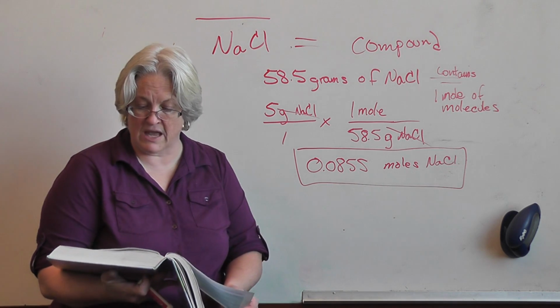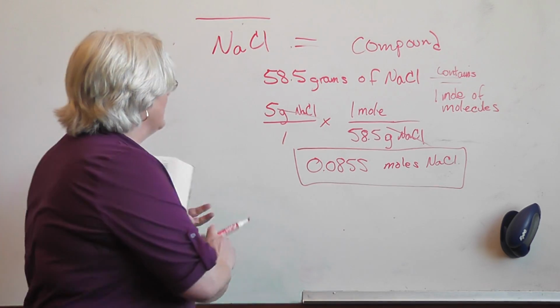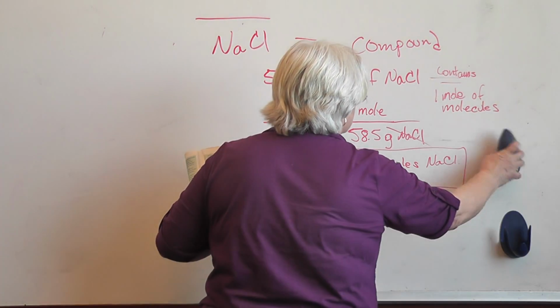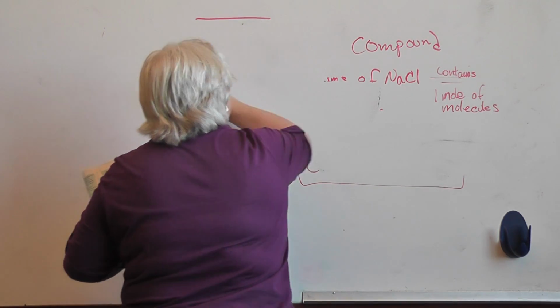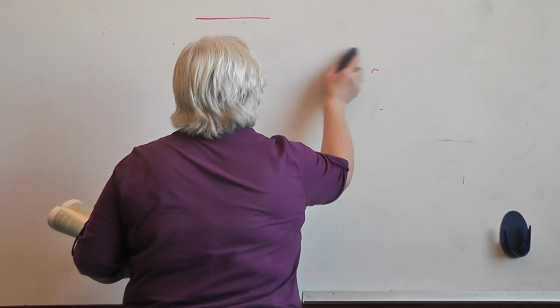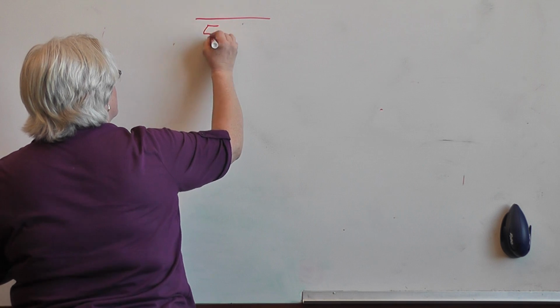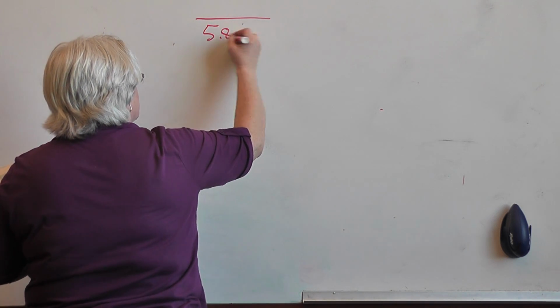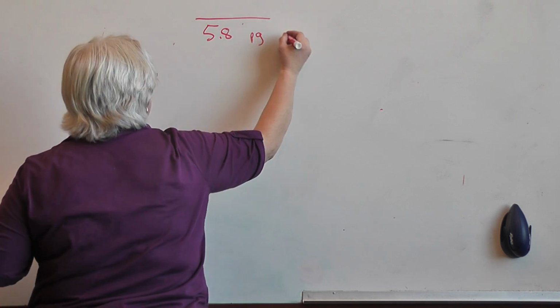Let's go ahead and look at a sample problem. This is actually 5.8 of the On Your Own problems in our text, but it's still just a plain old ordinary sample problem using moles. This is problem number 5.8, on page 151.